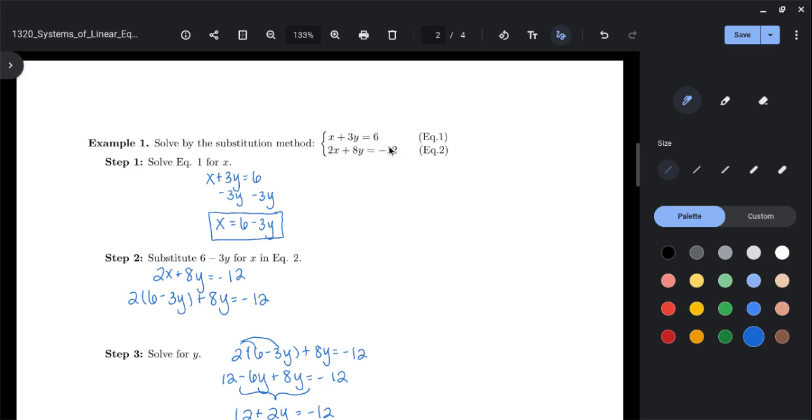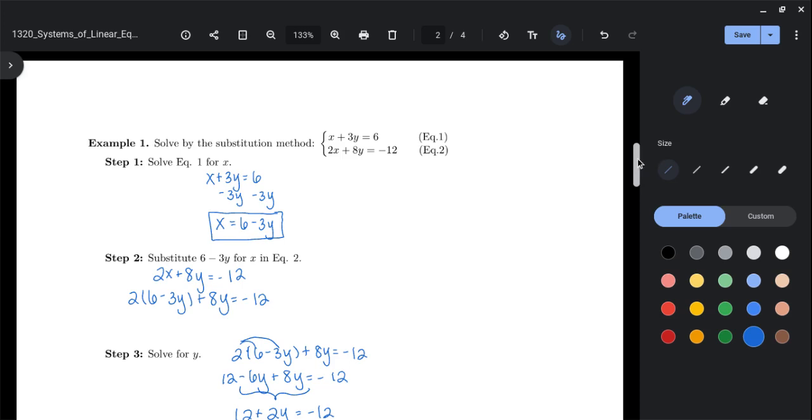We could replace y in equation 2 with negative 12 and solve for x. Or when we solved for x in step 1 to get this expression x equals 6 minus 3y, we could plug in negative 12 for y there and solve for x. Any of these 3 ways is appropriate.